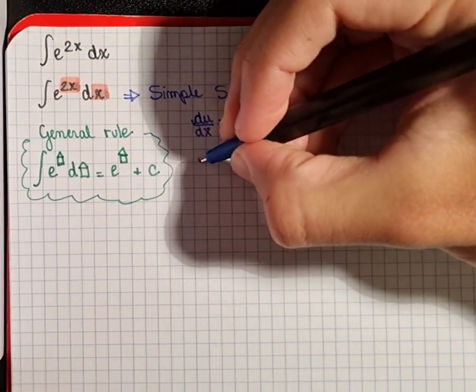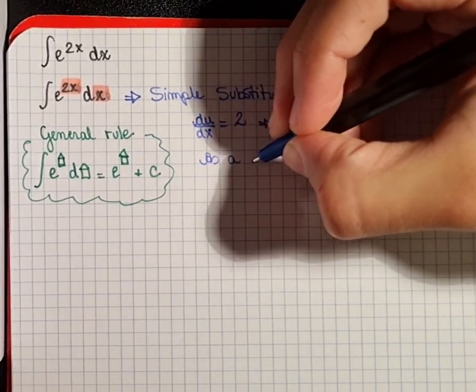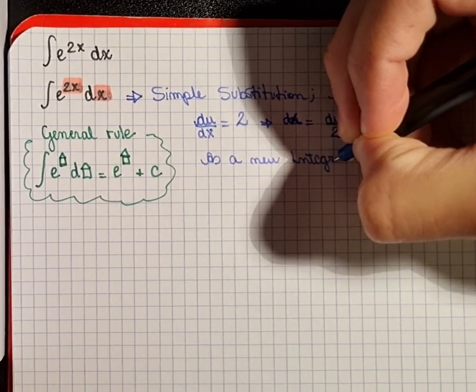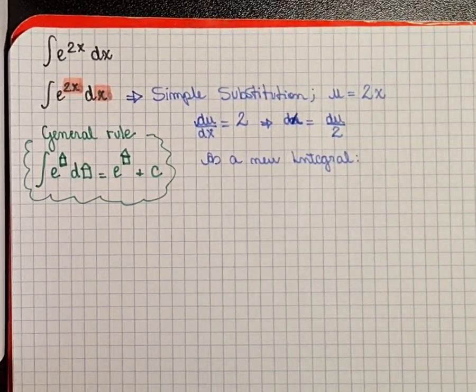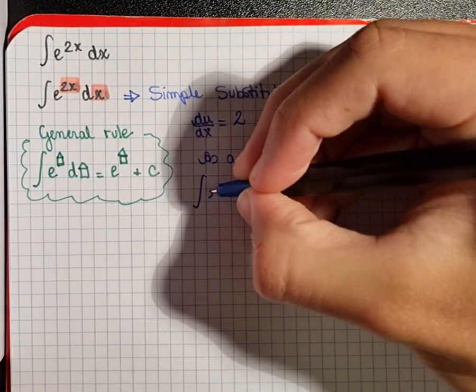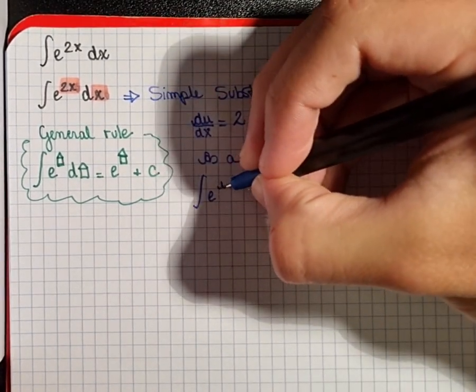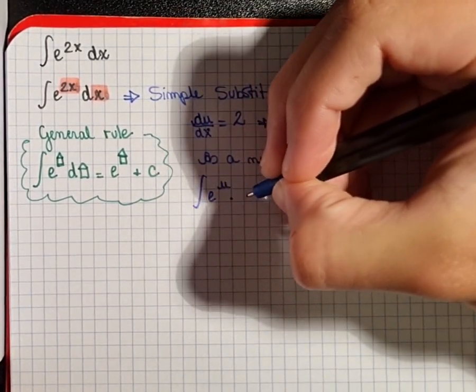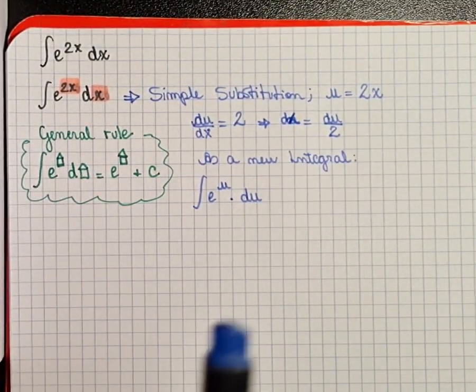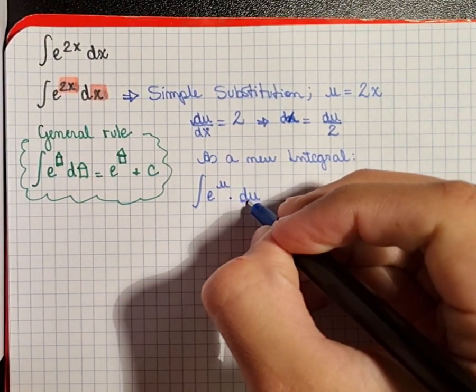So, as a new integral, we have the integral of e elevated to u, times dx, what is dx? du divided by 2.